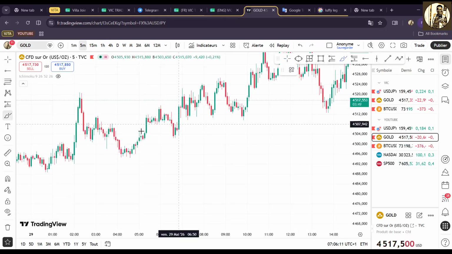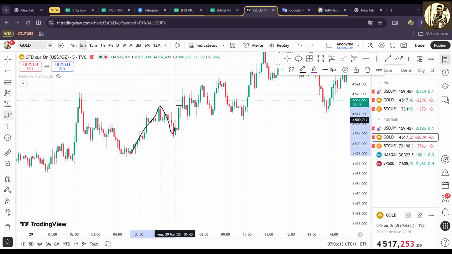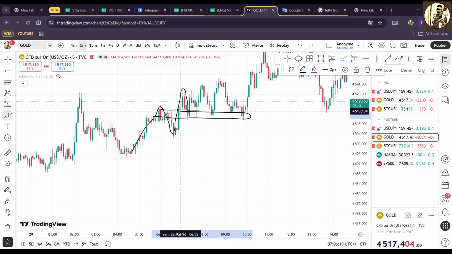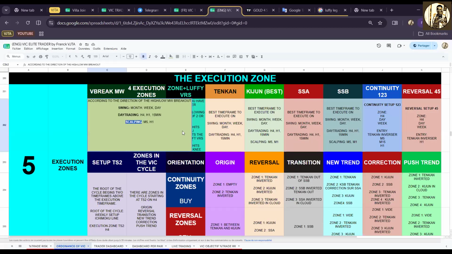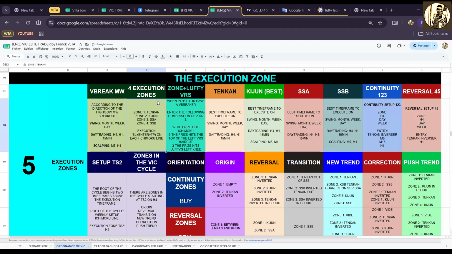So you have, for example, the price going up, falling down, and then going up again, then falling down, and the price came back to this zone right there. So you could have placed the stop loss here, and then bought it. So it is something that happens in swing trading, day trading, and all. So we have four execution zones.